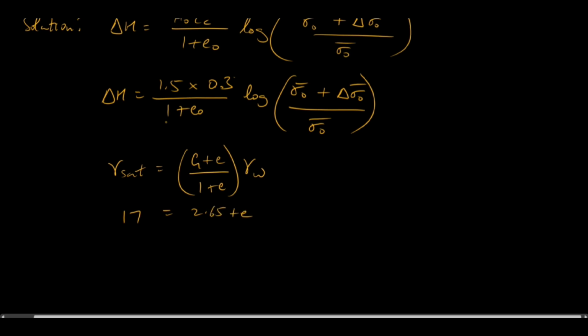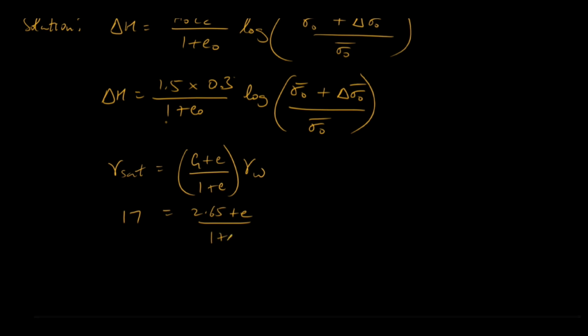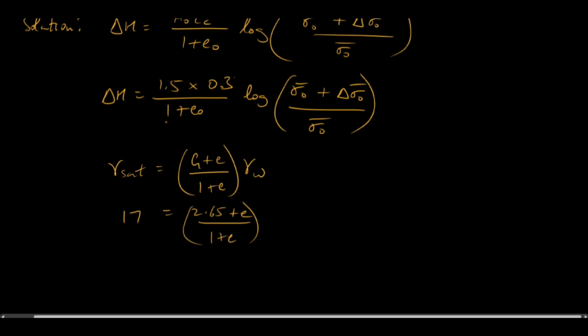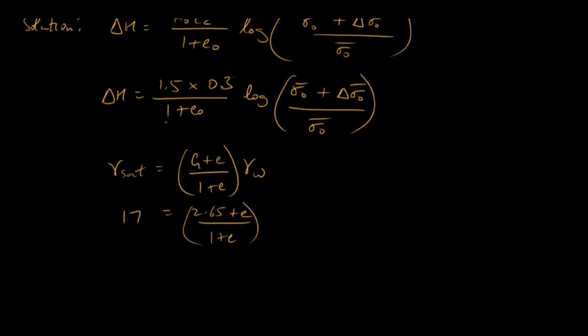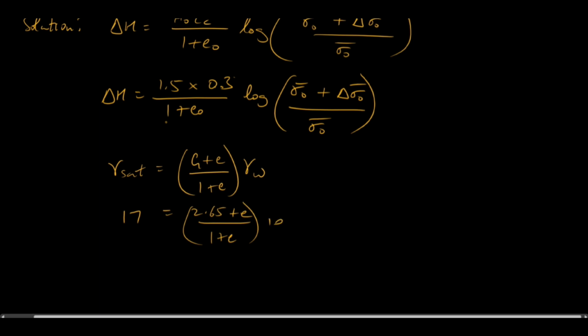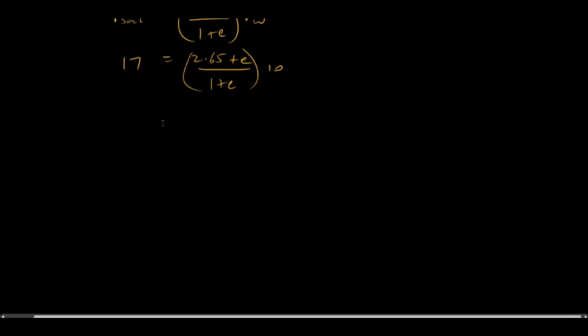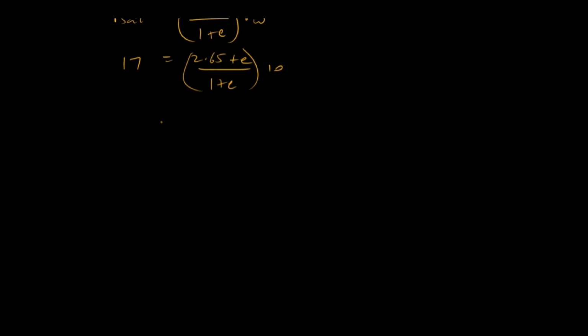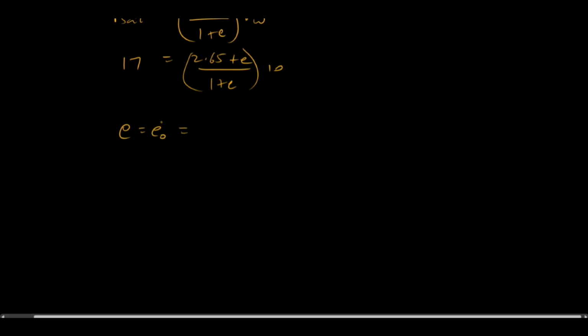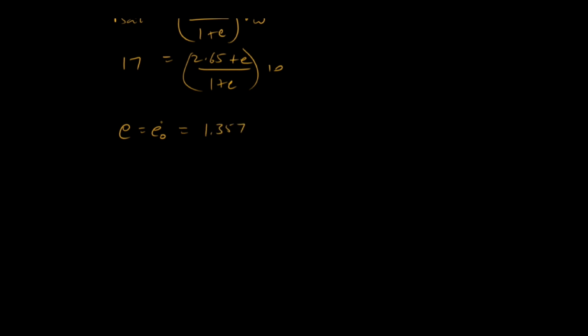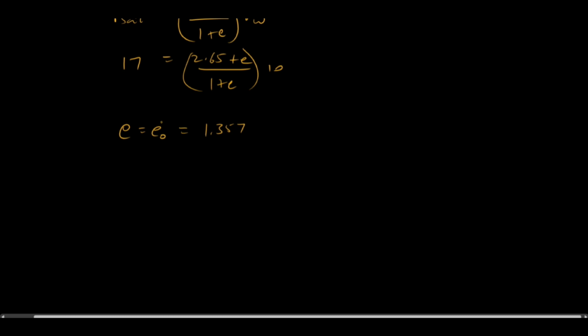So 2.65 plus e divided by 1 plus e, and the unit weight of water is 10. If you solve this equation, you get e naught equal to 1.357.